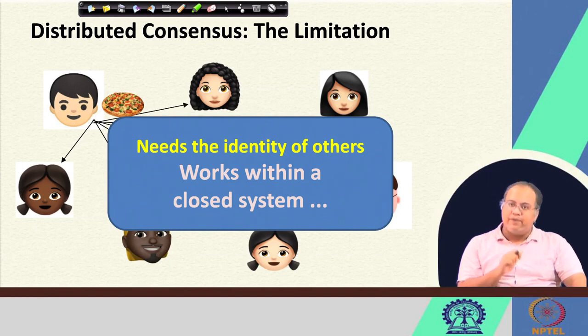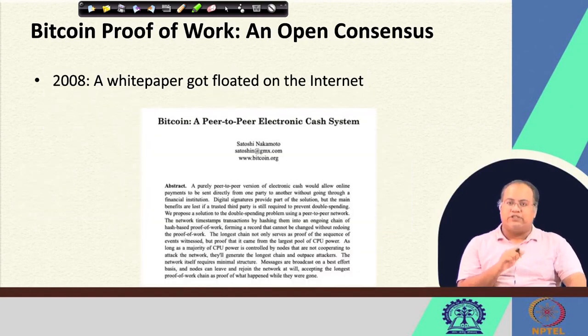The moment I have an open network, I cannot use message passing because I do not know the IDs of all the participants, so this kind of message passing based algorithm does not work. So the question is how we are going to solve it.